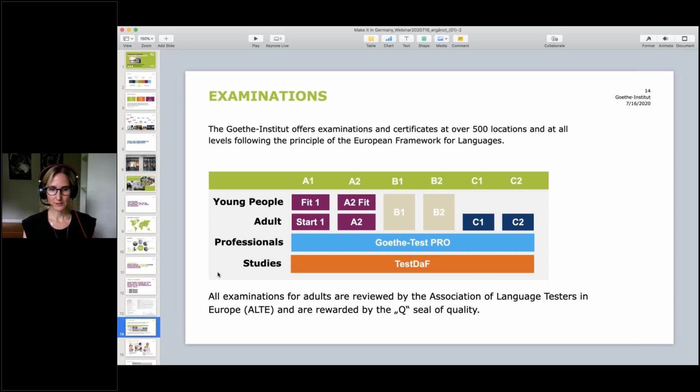Of course, it also includes, and this is part of our exams, that you have obviously learned different skills. You have speaking, reading, writing, and listening comprehension, and the exams we offer are also reflecting that.